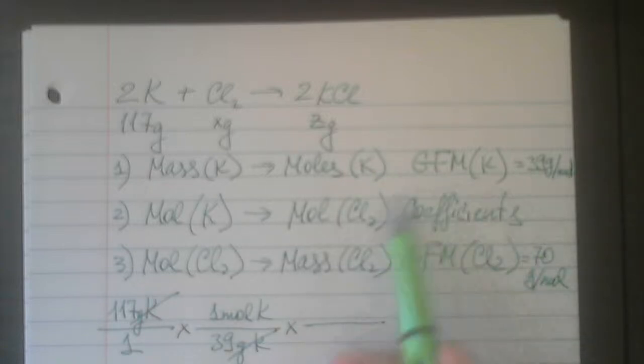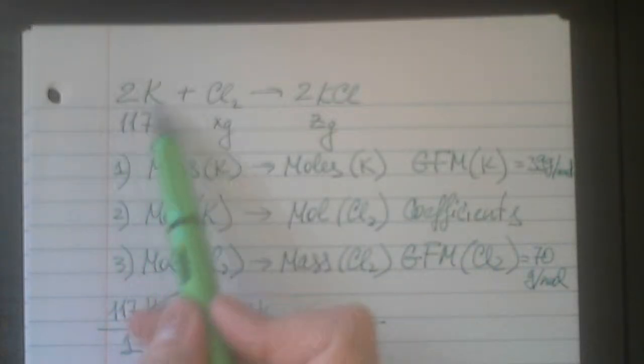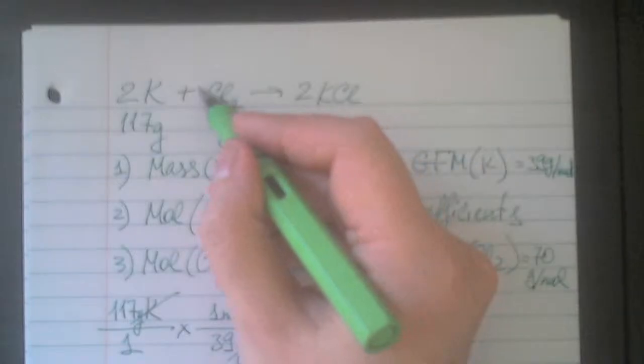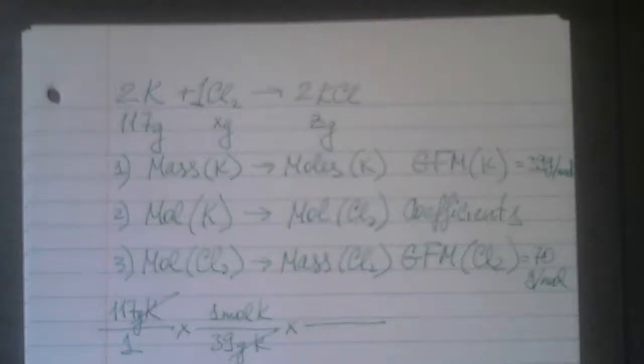Then I will place my step number 2. I will be using coefficients. What do I see in coefficients between this? I see that 2 moles of potassium react with 1 mole of chlorine. There is an invisible coefficient 1 right here. So I want moles of potassium to cancel out.